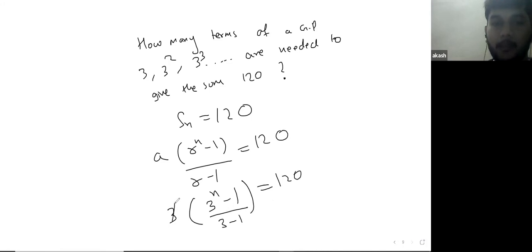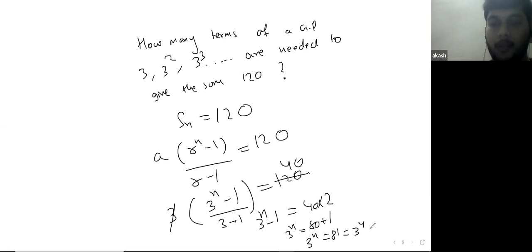So you can divide this is 40, and this 2 will be multiplied, so 3^n minus 1 will be 40 into 2, that is 80, so 3^n equals 80 plus 1, 3 raised to n equals 81, and this is 3 raised to the power 4, so n equals to 4. Are we clear?